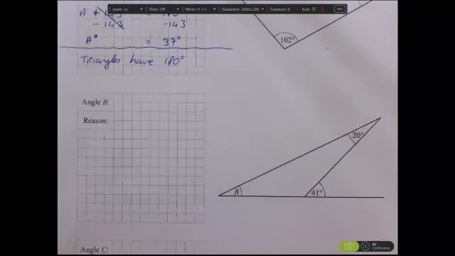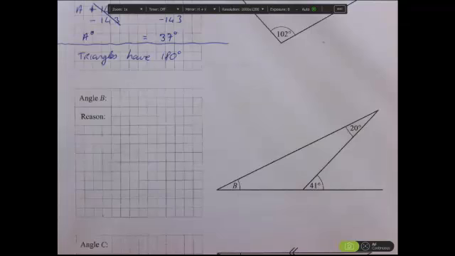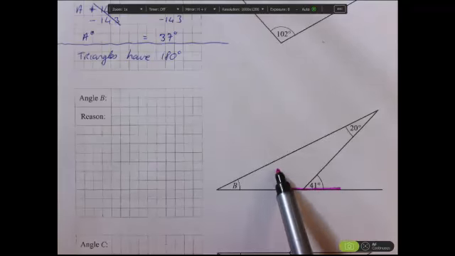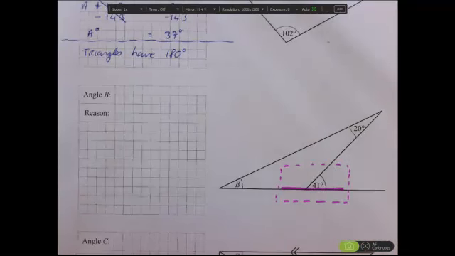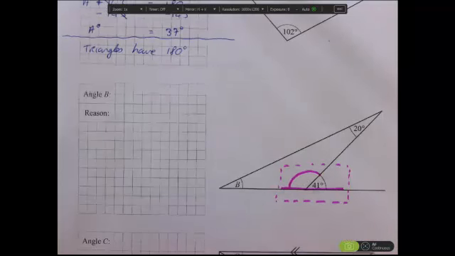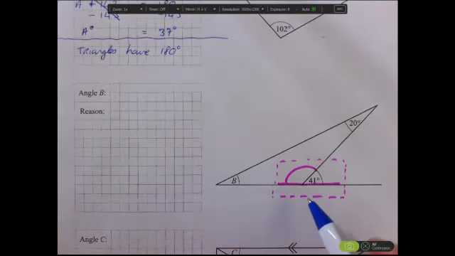Okay, so the next part of the question, this time you have to calculate angle B. So again, we're going to do some calculations first before we give our solution. The first thing you need to spot is that you've got a straight line here. If you look at this portion of the question in isolation and ignore everything else around it, you've got a straight line there. I'm going to call the missing angle x.